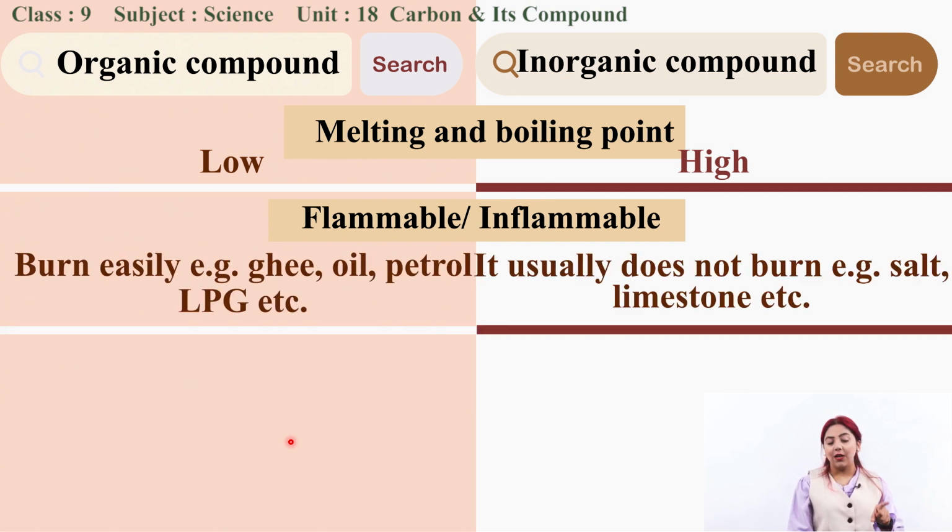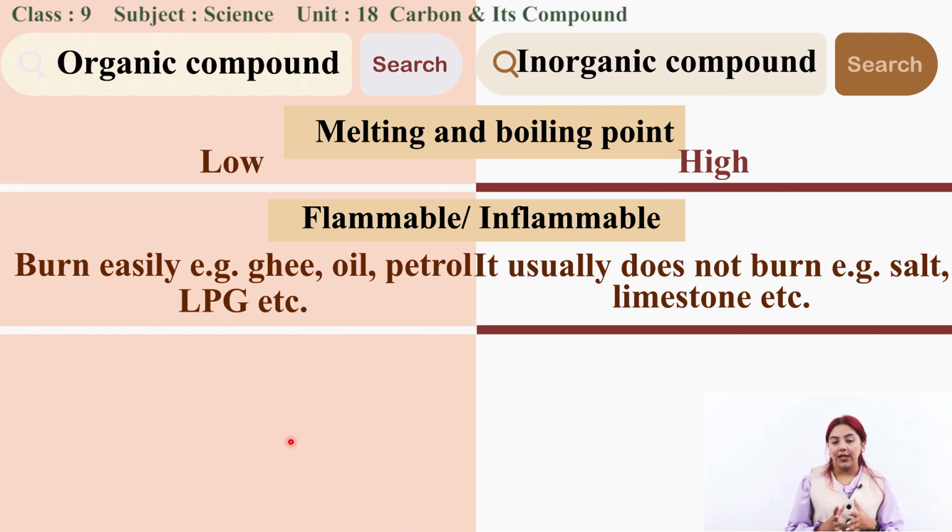Yes, organic compounds burn easily, for example, when we burn ghee, oil or petrol or even LPG, then it easily burns. But an inorganic compound such as salt, if we try to burn it, it doesn't burn at all. So we can say that organic compounds burn easily, whereas inorganic compounds do not burn.